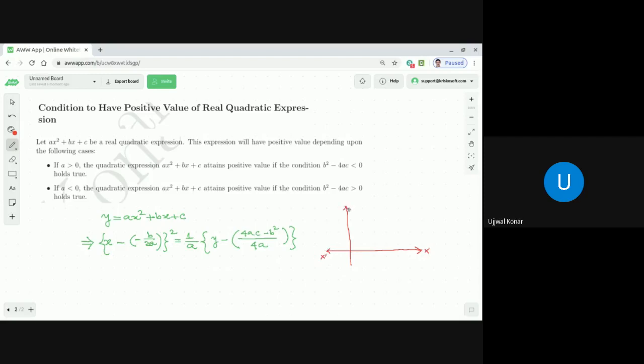So let me draw x dash, y dash and origin. So what is happening, dear students, is that if a is greater than 0, if we consider this case, what is going to happen?